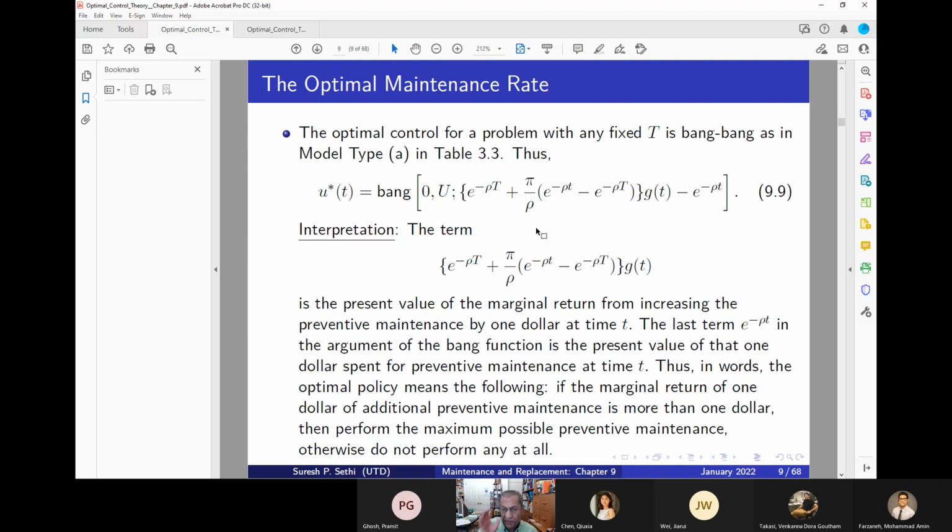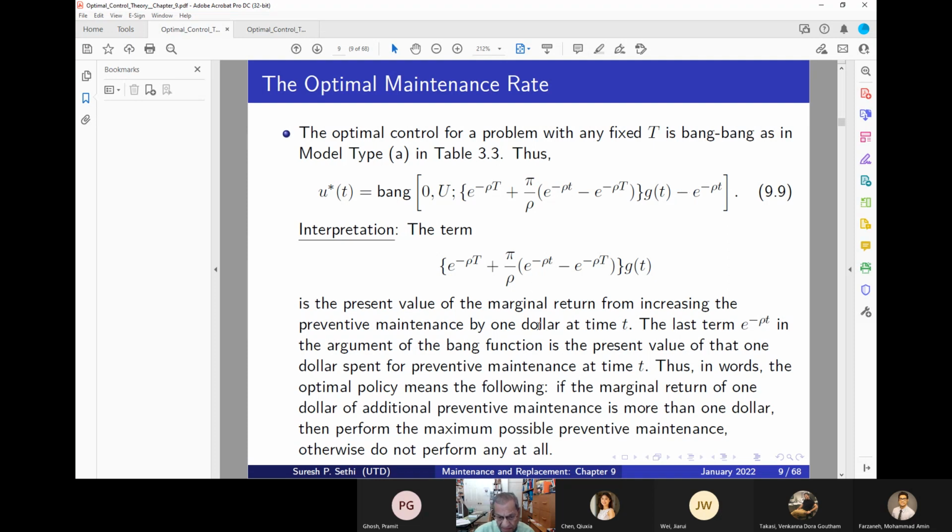In the standard maximum principle, the value function and everything is computed at time 0. So if I spend $1 at time small t, then the present value of that $1 is e to the minus rho t. That's the money going out.